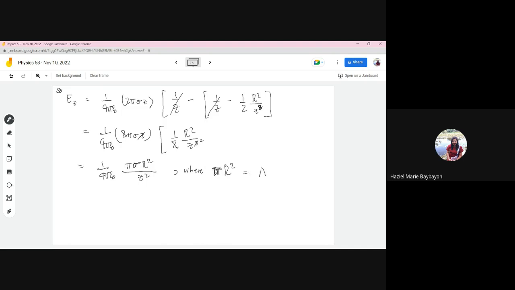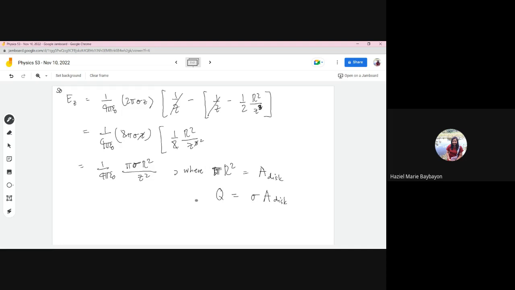This is the area of the whole disk. Area of the disk. Okay? And then you have here sigma multiplied by the area. So sigma multiplied by the area of the whole disk is actually the total charge Q. So Q, the total charge, is equal to sigma multiplied by the area of the whole disk.